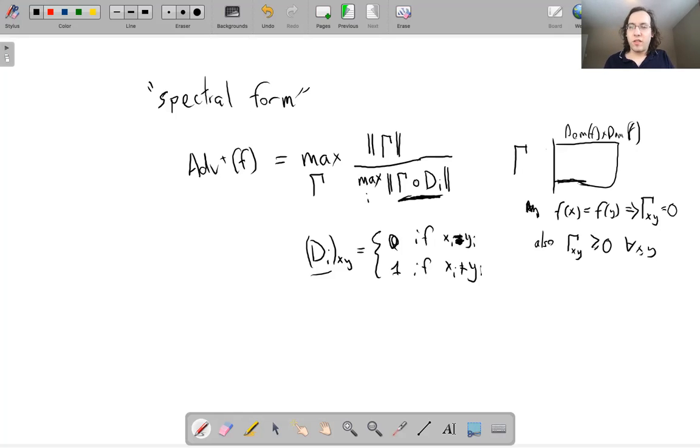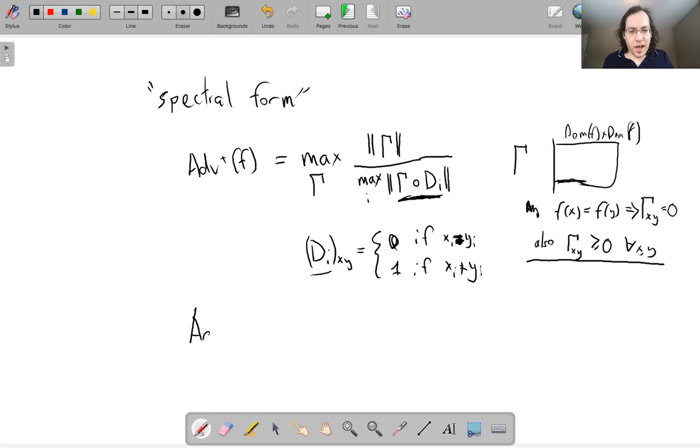It replaces it with just the spectral norm. So it's kind of weird. Weirdly, this ends up being exactly equal. It's not trivial to prove. This is exactly equal to the previous definition. Okay, but it's only exactly equal to the previous definition if you have this constraint, that the entries of gamma are non-negative.